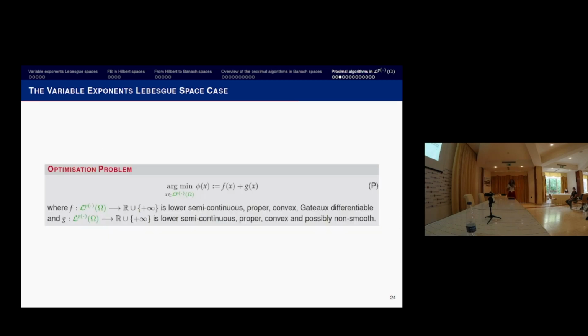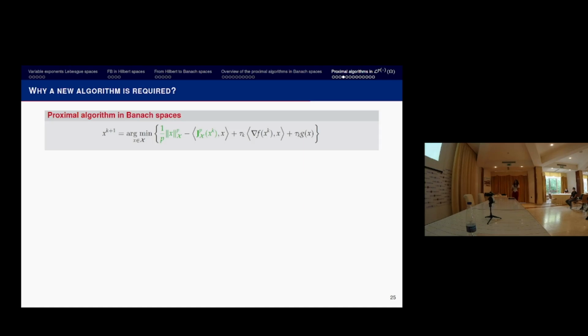So the problem is again the same, and the question is why we need a new algorithm, because this space is a Banach space and we have just seen a Banach space algorithm.